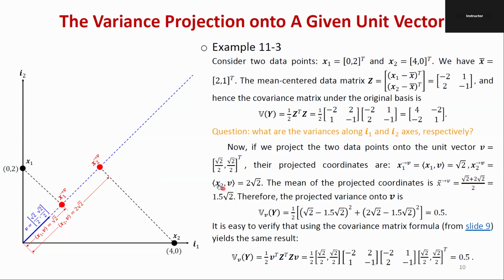And this is 1.5 square root of 2. And hence, directly by the definition of the variance, the projected variance of these 2 points onto this v direction is the original data square root of 2 minus the mean, and then square, plus this one minus the mean square.